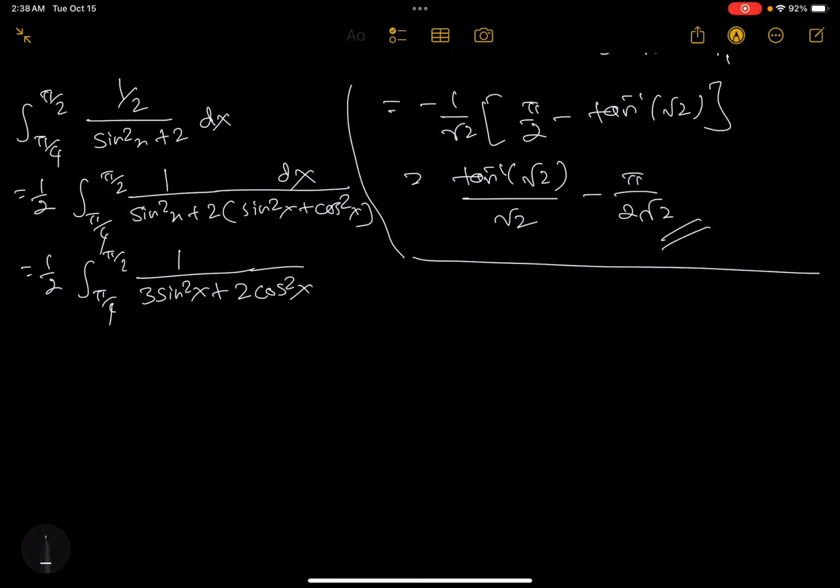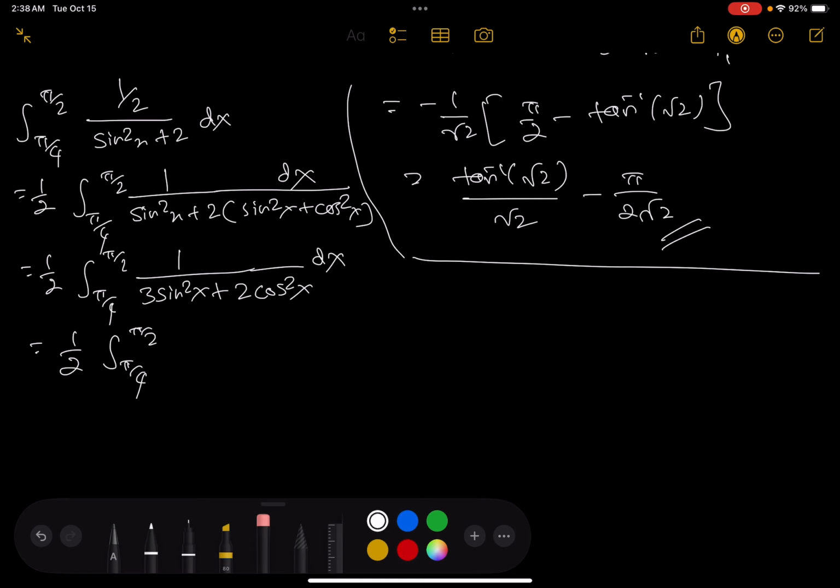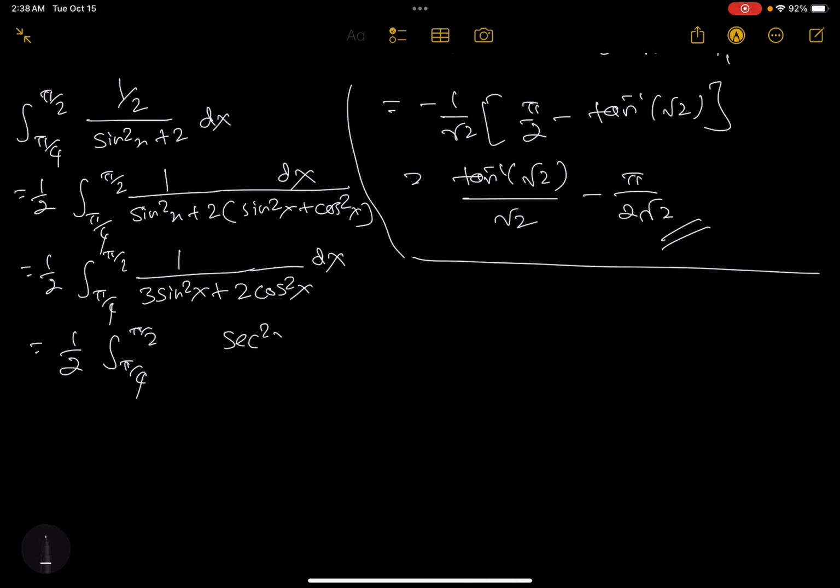cos square x dx. Now again, just like in the previous solution, multiply numerator and denominator by cos square x. So that will give me sec square x dx divided by 3 tan square x plus 2.